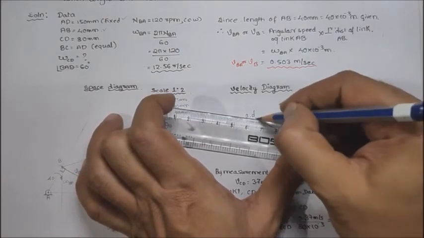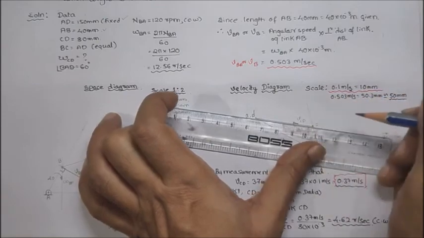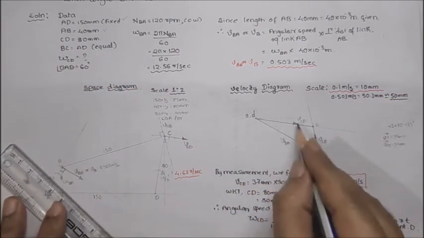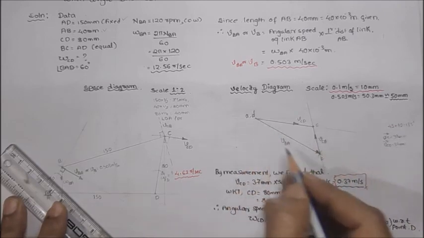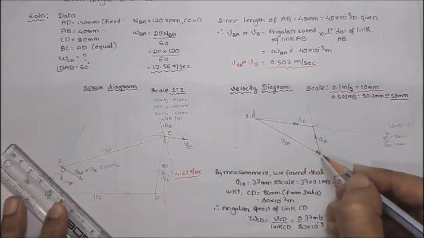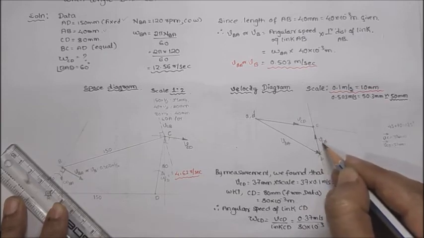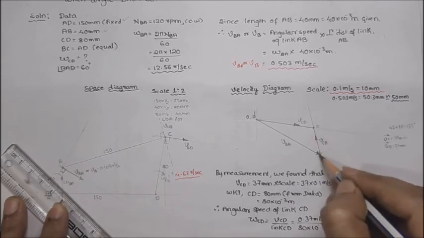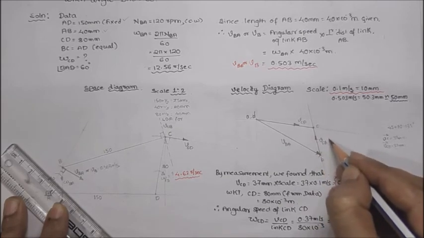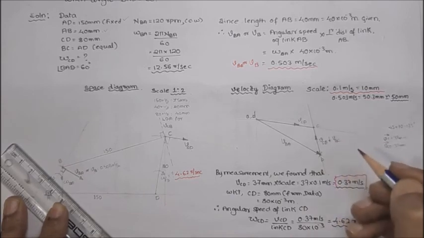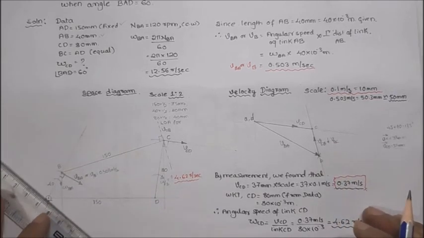So I recommend you to darken these points. And directions you are going to get from the law of parallelogram. If you are writing velocity of this direction, then you have to write velocity of C with respect to B. If you write it in down direction, you have to write here velocity of B with respect to C. Simple, nothing much complicated.